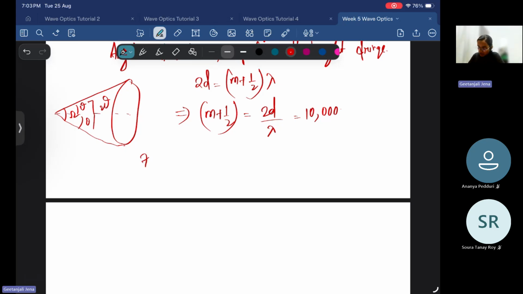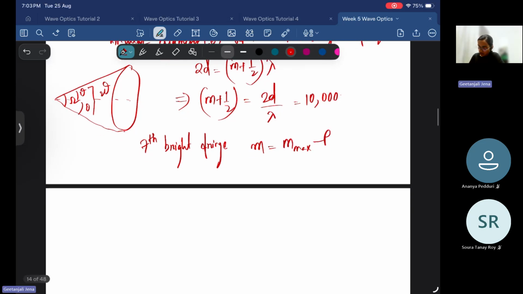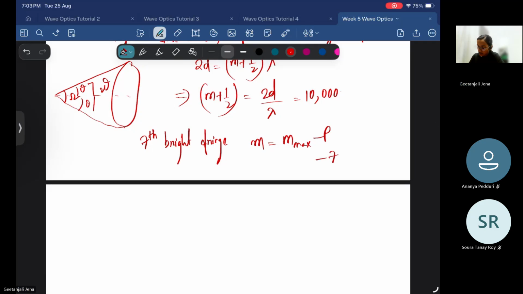Now for the seventh bright fringe, we can take m is mx minus p. P is 7. Mx from here we can calculate.